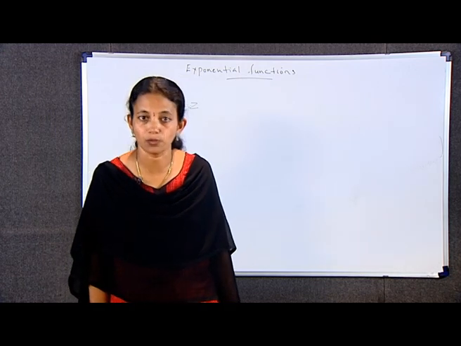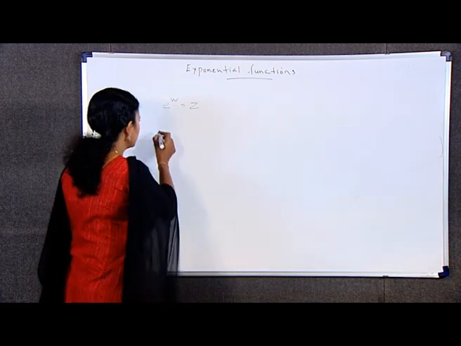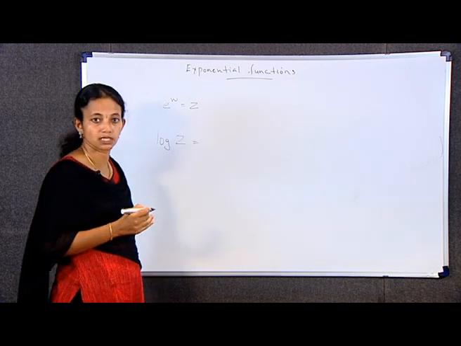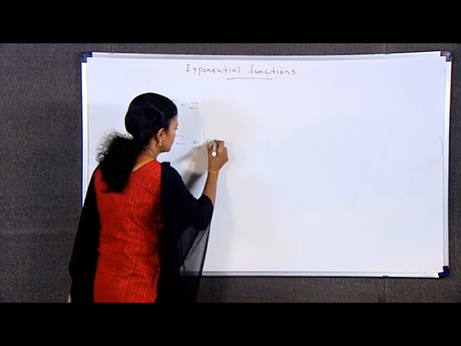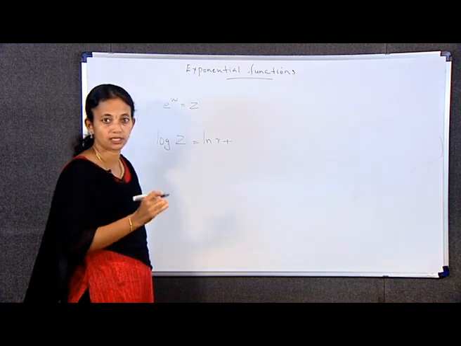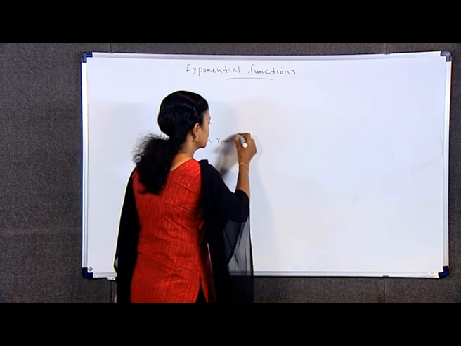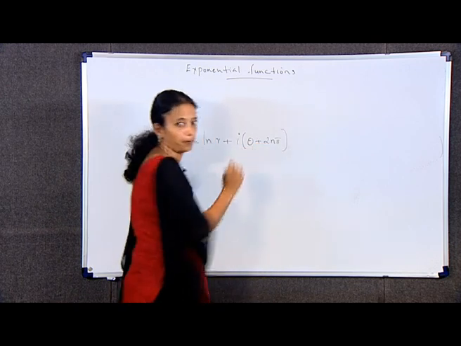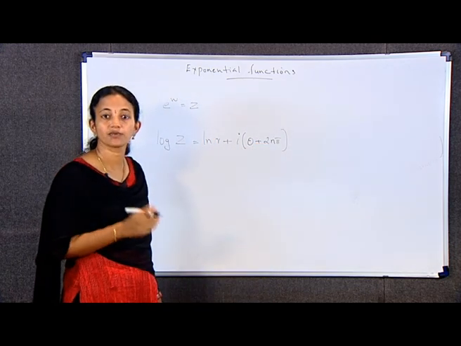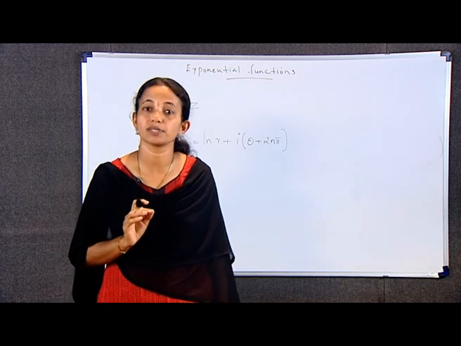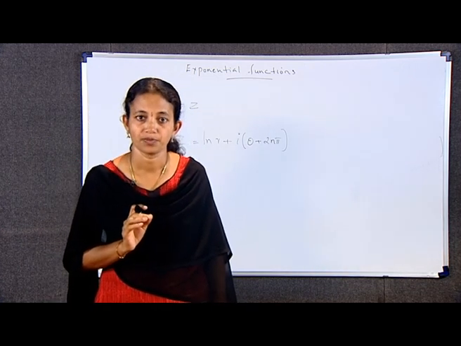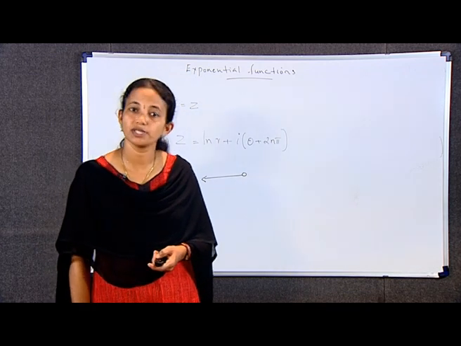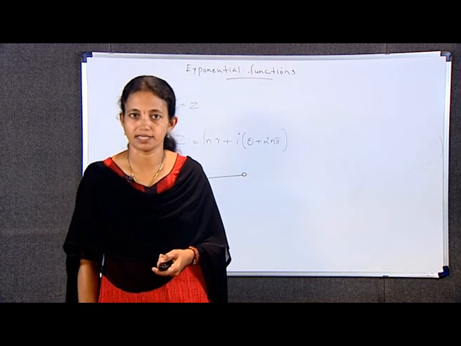By means of the equation, log z is equal to ln r plus i into theta plus 2n pi. This n varies from 0, plus or minus 1, plus or minus 2, etc. We have some remarks: log z is also denoted by ln z.